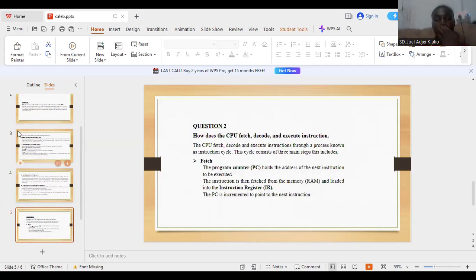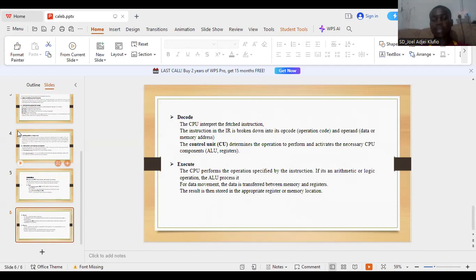Lastly, how does a CPU fetch, decode, and execute an instruction? The CPU fetches the instruction from the registers. Decode is where the processing takes place, where it interprets the data so the computer will understand. Finally, execution takes place, and then the result is stored back into the register.